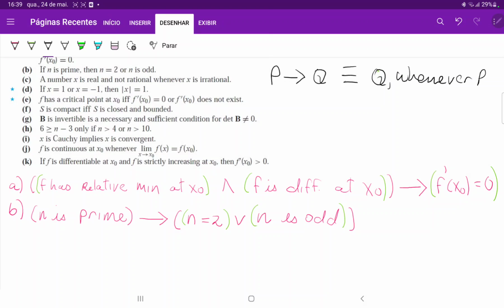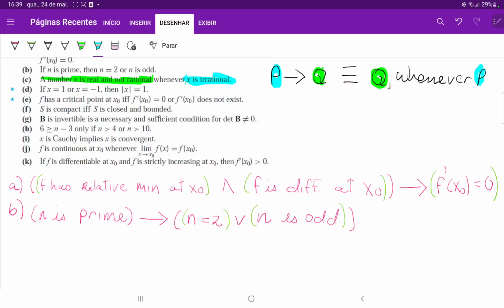So what this really means is that our P is x is irrational and our Q is this whole thing. So let me just highlight this Q, and then I'm going to put P, just so that we can color code it.